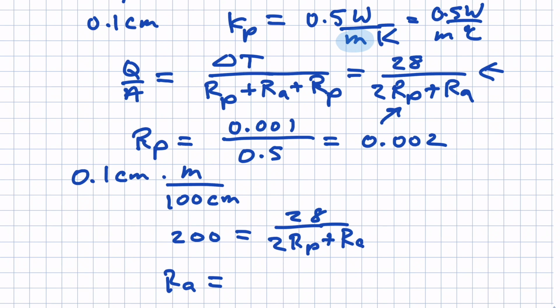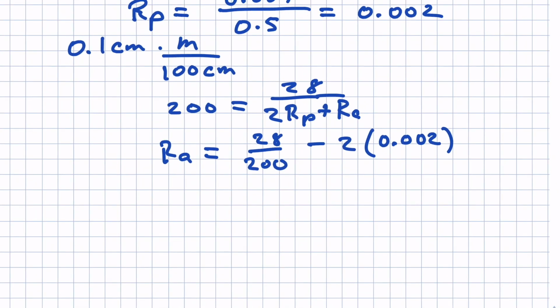Okay, so that looks like that would be 28 over 200 minus 2 times RP. When I do that calculation, I get that RA is 0.136. And you can keep track of the units here.